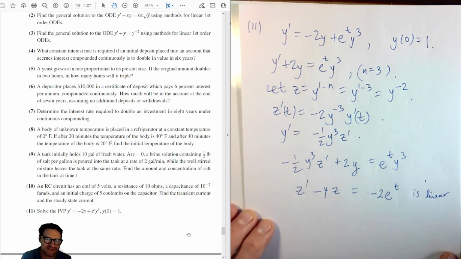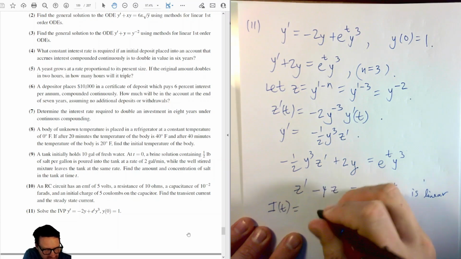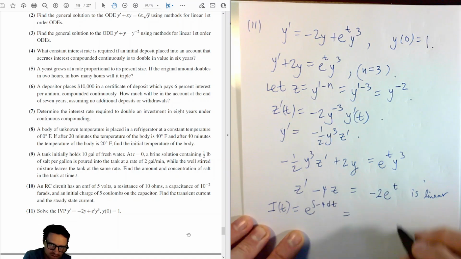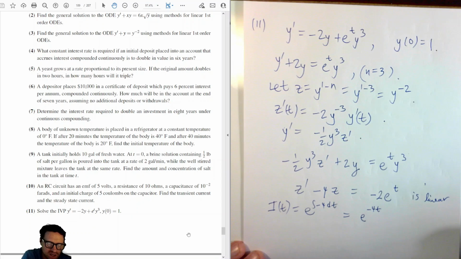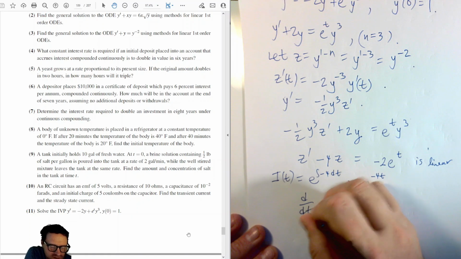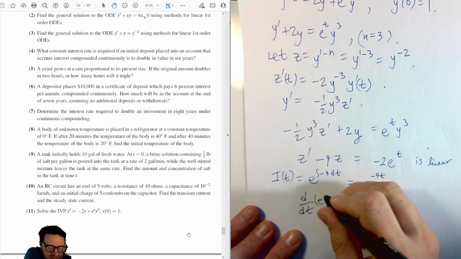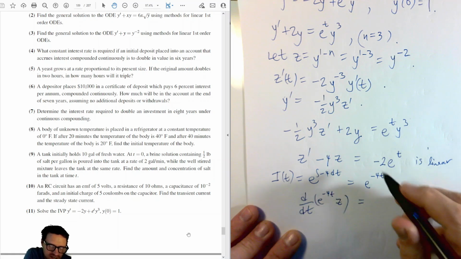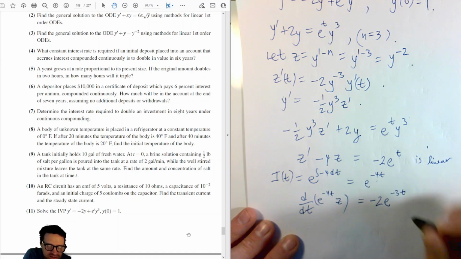And so we can solve it using an integrating factor. So i of t is our integrating factor, e to the power of the integral of minus 4 dt. So we've got e to the minus 4t. Okay, multiplying this on left and right hand sides, the left hand side packs up as the derivative with respect to t of e to the minus 4t multiplied by z, and then on the right hand side we take the sum of those exponents, so we have minus 2 e to the minus 3t.